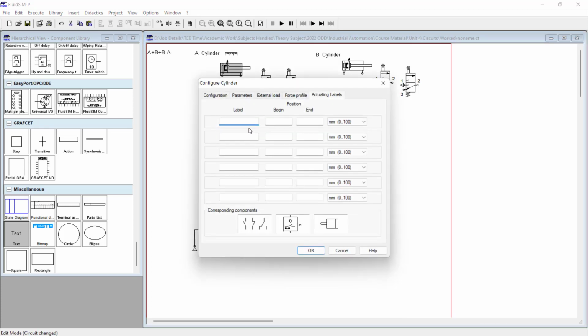Now set the label for the cylinder, that is, you need to specify the extension and retraction positions. Its maximum stroke length is 100.